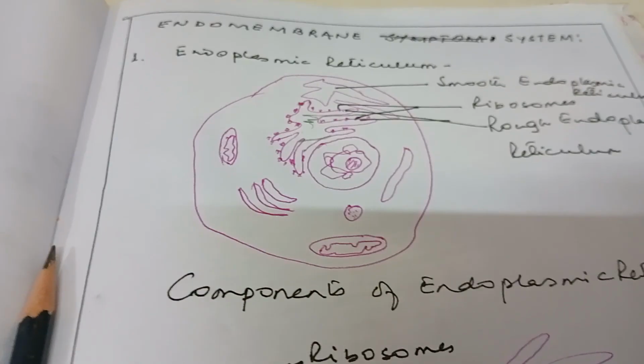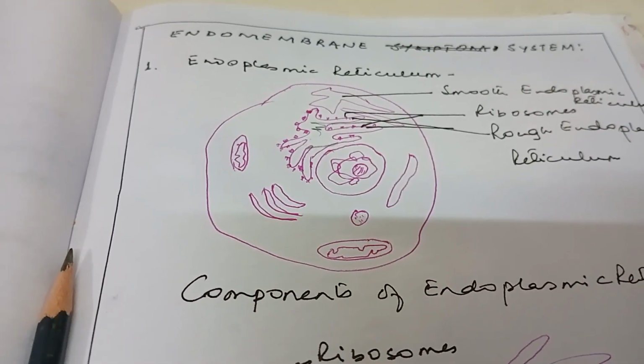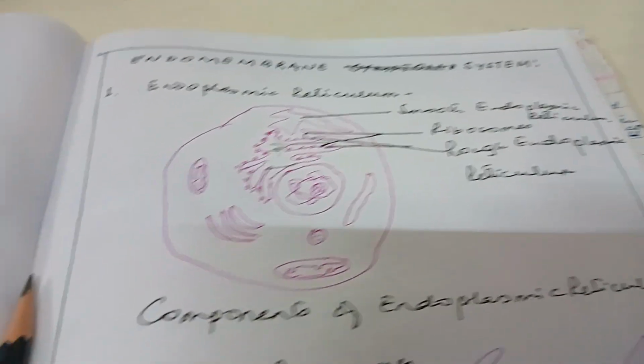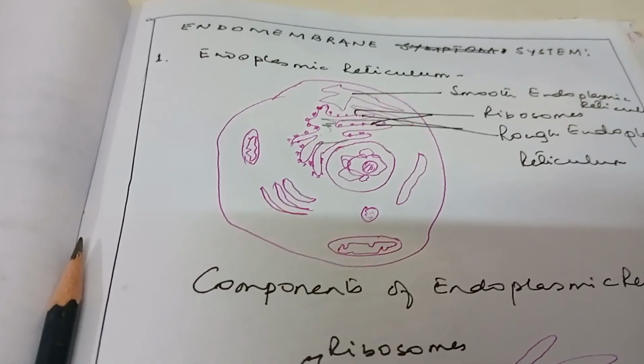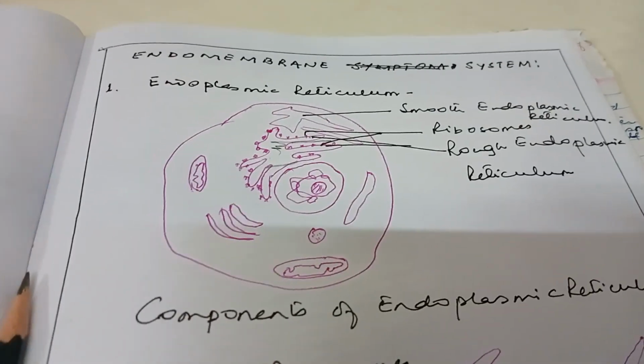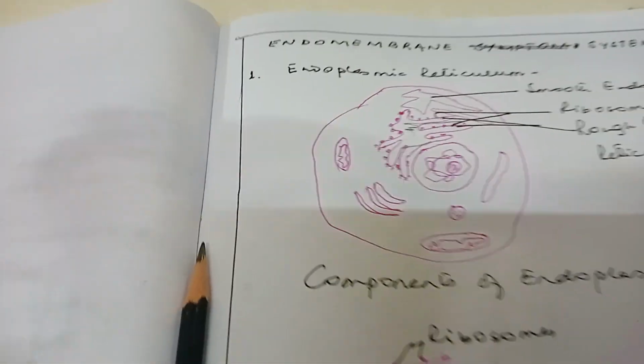Elements of endoplasmic reticulum accumulate around the chromosome groups to fuse, to form the nuclear membrane. Let's go to that diagram.